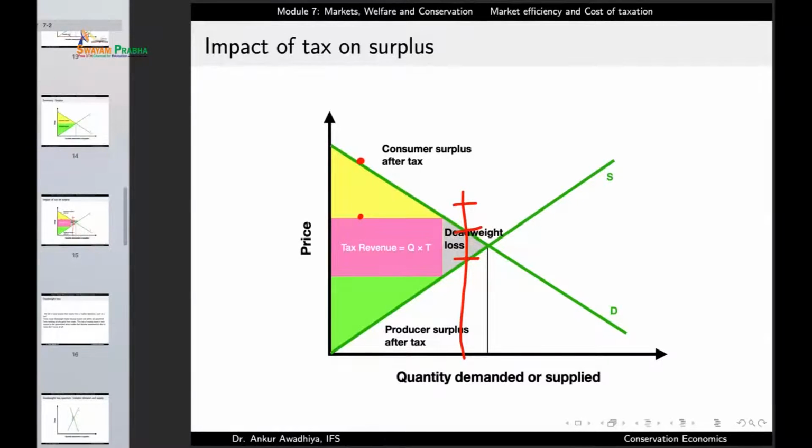But because of the taxation, it no longer happens because it is not beneficial to the buyer and the seller. And because this transaction does not occur, the government also does not get revenue out of it, because the government will get revenue only when the good gets sold. The revenue is the quantity of goods sold multiplied by the amount of tax. But if the good is not sold, the government also does not get the revenue. So this is a loss in the total surplus that is arising because of the market distortion, in this case, the taxation.